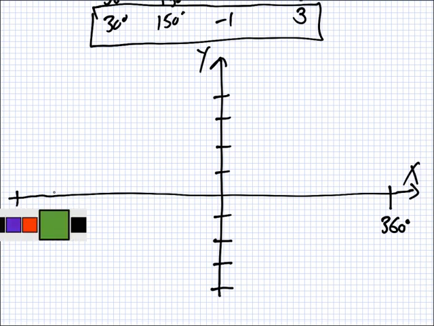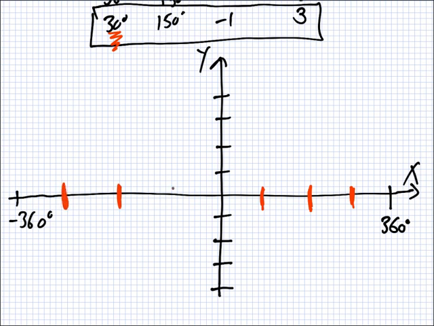Now, from looking at this, I might have to go up in 30s. Okay? So if that's 360, then what's that one? 180. And this one? 90. And this one? 270. Fair enough? And then in green, I can go in 30s. So 30, 60, 90, 120, 150, 180, 210, 240, 270, 300, 330, 360.